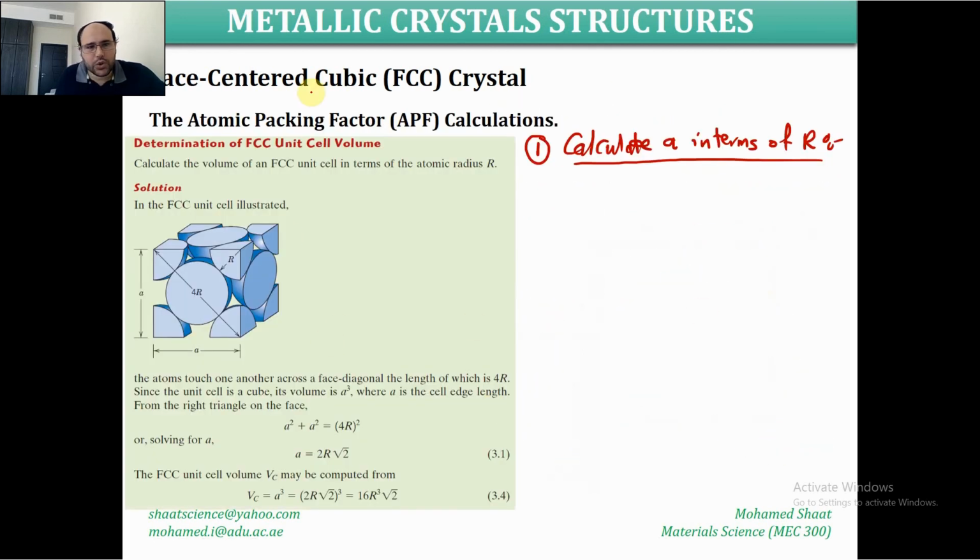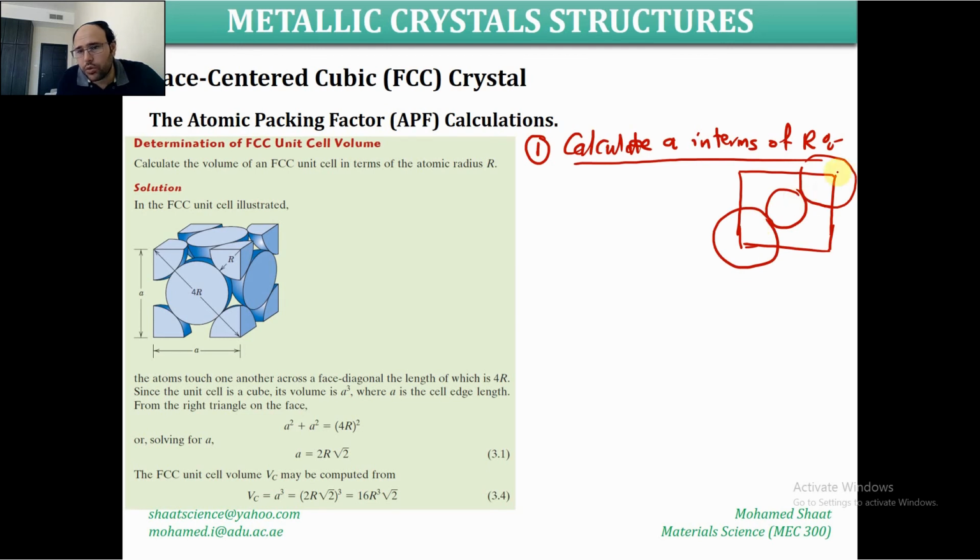Since we are talking about the FCC crystal structure, there should be an atom located at the center of every face. So let us choose one face of the FCC crystal structure. There should be an atom at the center, another atom at one corner, and another atom at the other corner.